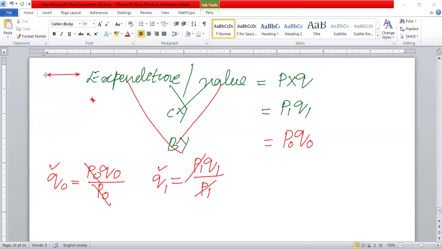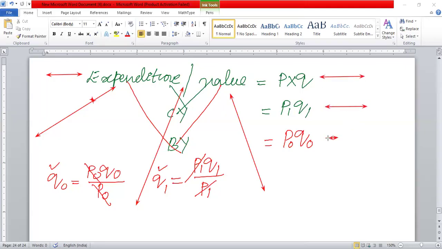This is the way to handle it when expenditure or value is given. Very, very important. Please concentrate when we are doing index number sums. Check whether you are doing price or quantity. If expenditure or value is given, that is price multiplied by quantity. For current year it is P1, Q1; for base year it is P0, Q0.